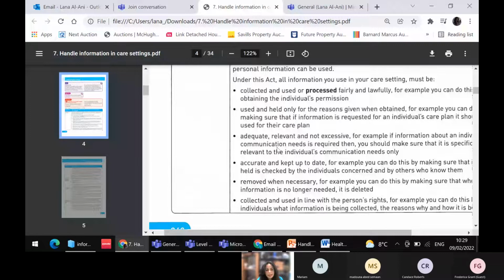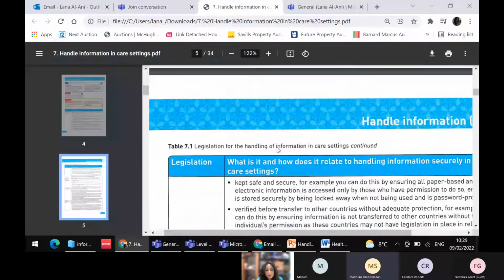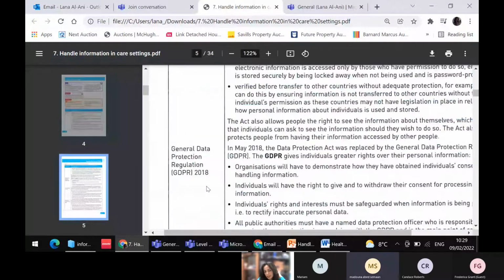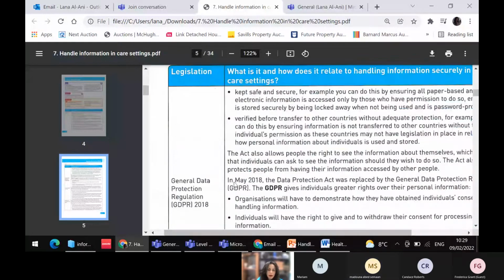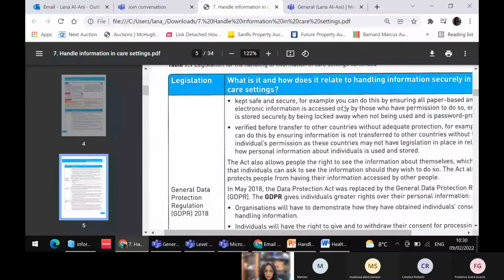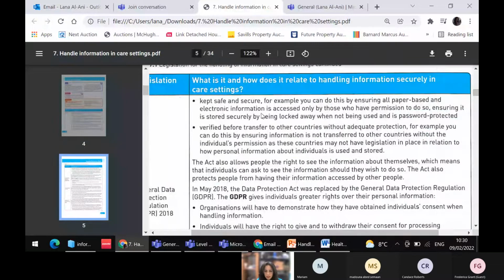So second legislation, which is General Data Protection Regulation 2018. What is it all about? It's about keeping the data safe and secure. For example, you can do this by ensuring all paper-based and electronic information is accessed by only those who have permission to use them.